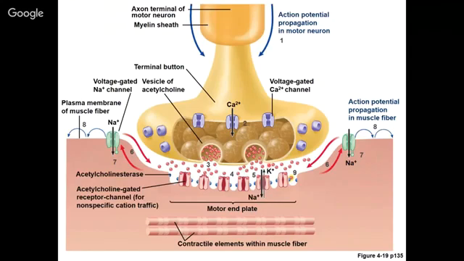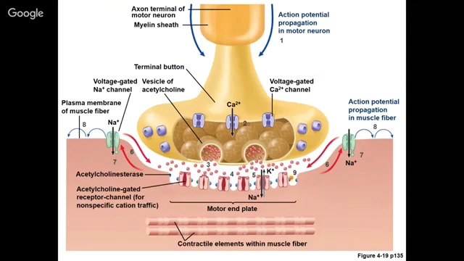Some potassium flows out at this point also along its concentration gradient. But it is only flowing along a concentration gradient, not an electrical gradient at this point, because remember, potassium ions are going against the electrical flow of a resting potential membrane, okay?